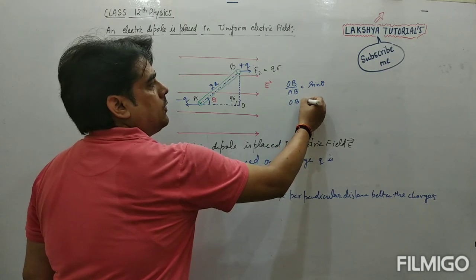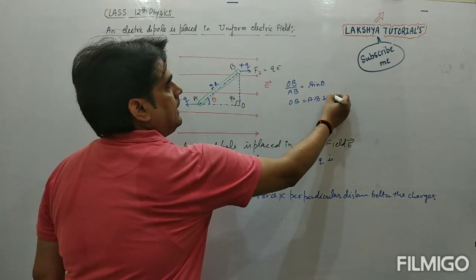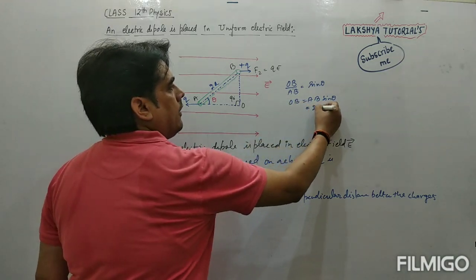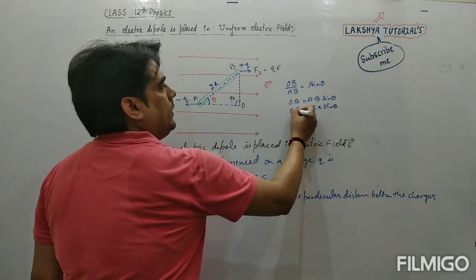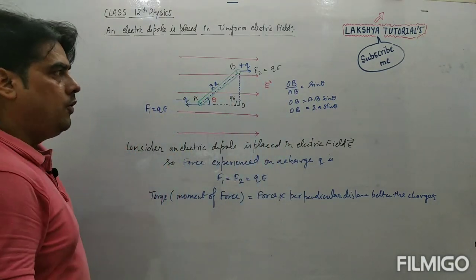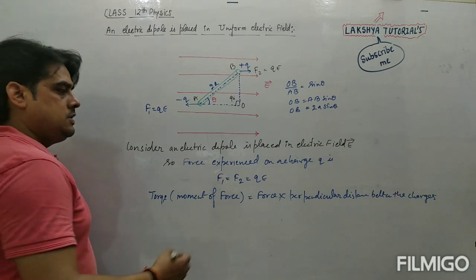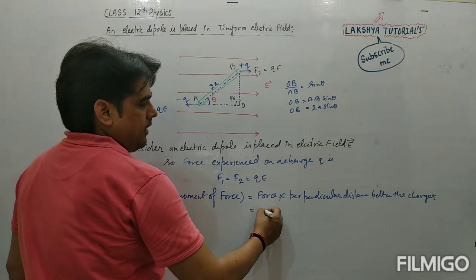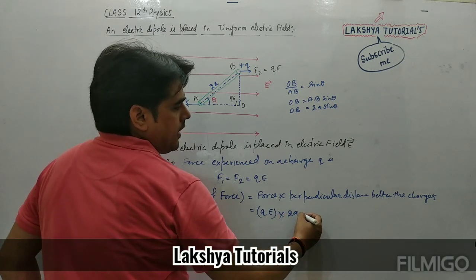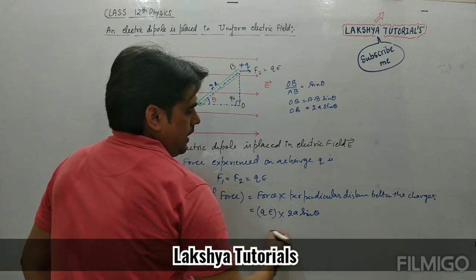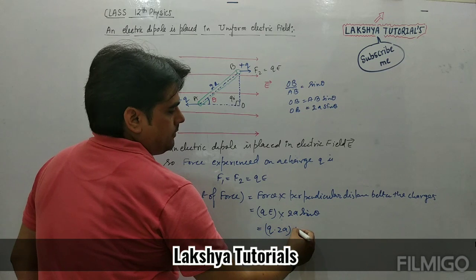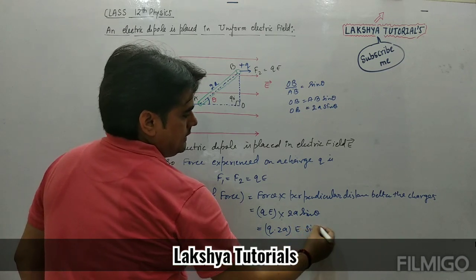So OB is equal to AB sin theta, and the value of AB is 2a, so OB is 2a sin theta. OB is the perpendicular distance between the charges. So the value of F is QE, and the perpendicular distance is 2a sin theta. When you put this value, Q into 2a in one bracket, E sin theta.